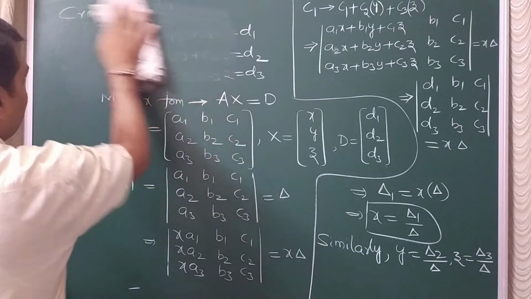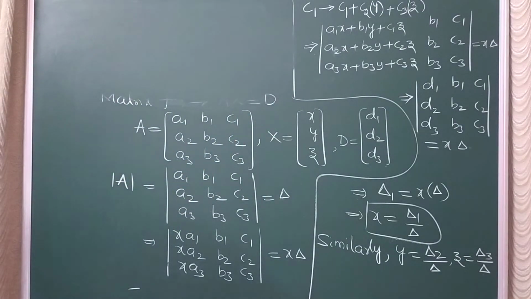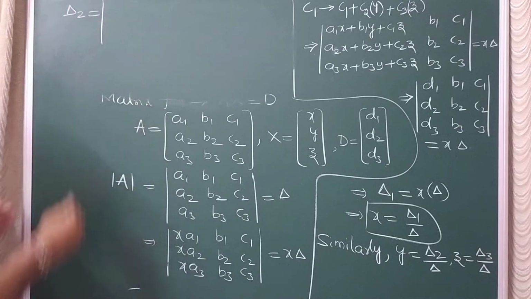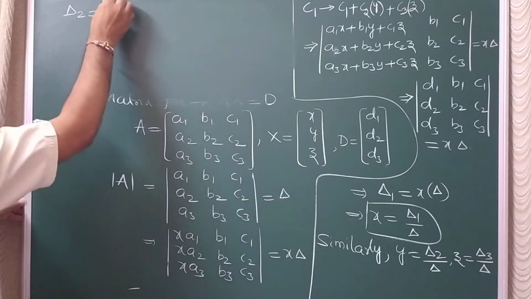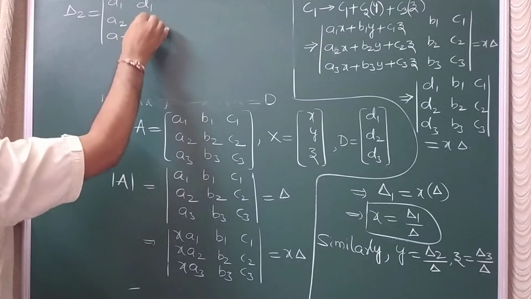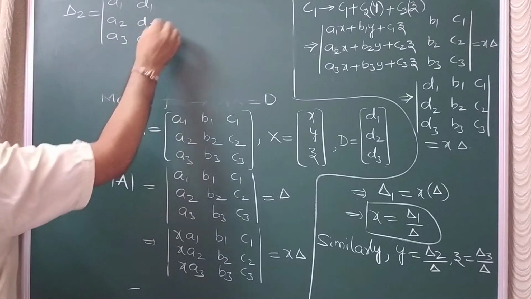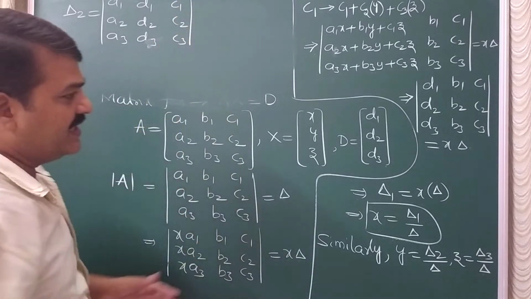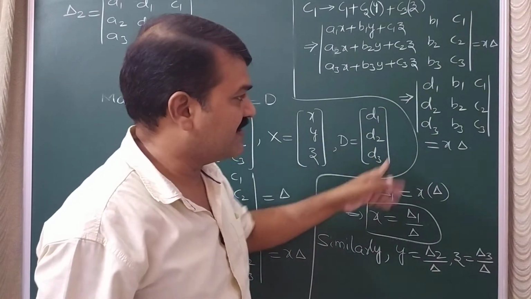So I have got these equations. Delta 2 will be, see this coefficient matrix, delta 2 means the second column will be replaced by the constant matrix that is D1, D2, D3. Just by seeing delta 1, you can write that, because in delta 1 you can clearly see that the first column is replaced by the constant matrix, remaining are same.